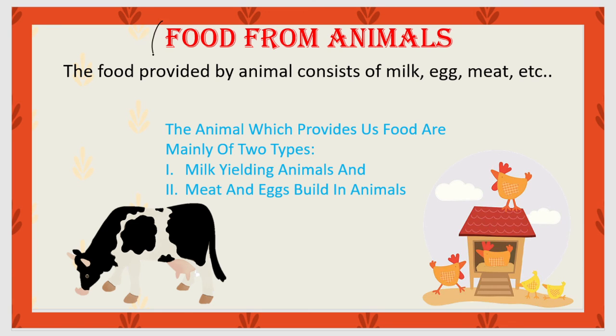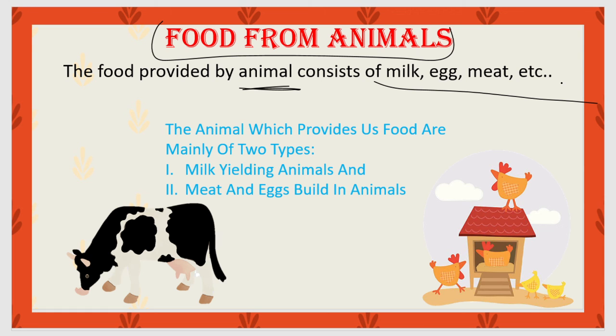Now coming to food from animals. Food provided by animals includes eggs, milk, and meat, all given by animals. The food obtained from animals is very rich in proteins.